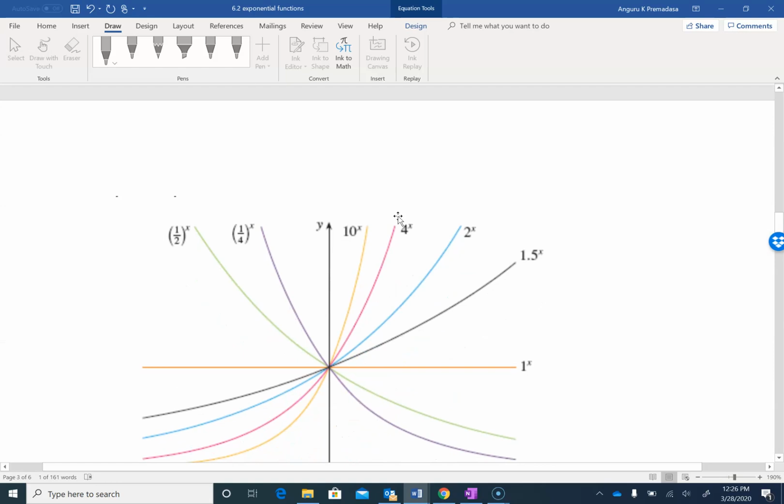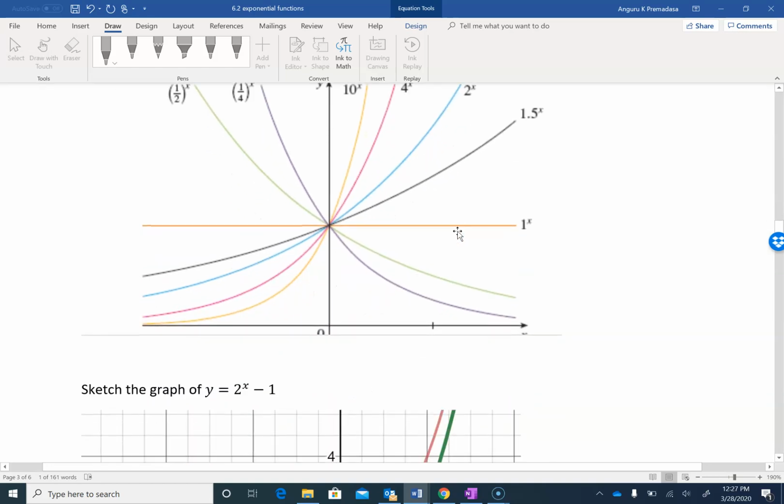So it's a nice graph that shows you the different possibilities. For example, you can see that 1/2 to the power x and 1/4 to the power x are both decays. They start from the top and they go down, right? On the other hand, if you take something like 2 to the x, they all go through 1, so that's like a fixed point.